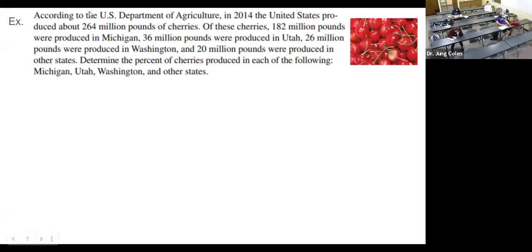So out of 264 million, 182 million were produced in Michigan, 36 million were produced in Utah, 26 million pounds were produced in Washington, and 20 million pounds were produced in other states. Determine the percent of cherries produced in each of the following states.